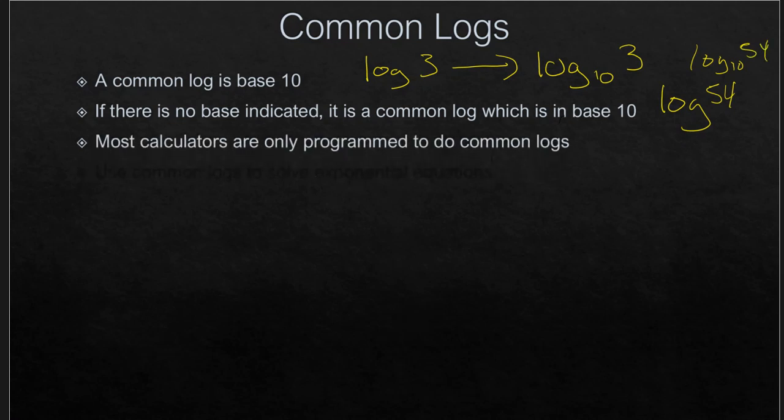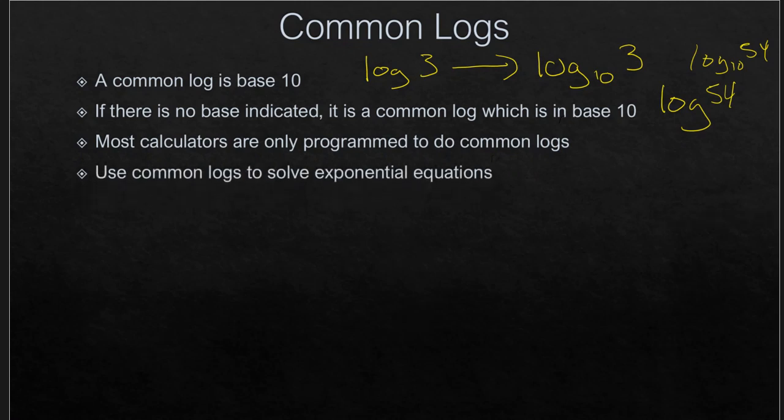This is important because most calculators, especially since a lot of you guys are using your phones, don't have specific logs. You can only do the log in base 10, or the common log. So that's the reason it's important to know that you can always go back to the common log. And we use common logs to solve exponential equations.